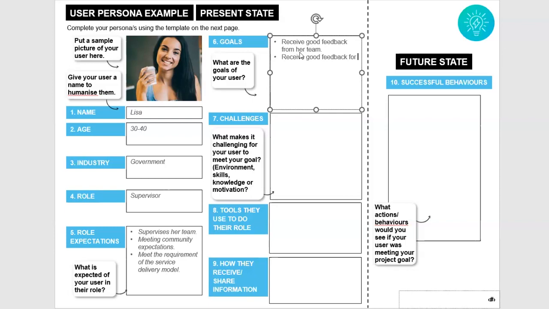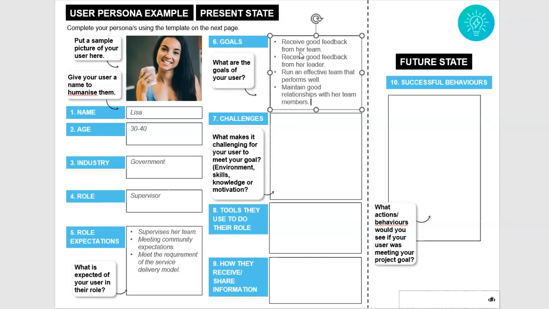So whoever supervises her or who she's a direct report to. She may also have a goal to run an effective team that performs well. And she may also want to maintain good relationships with her team members.